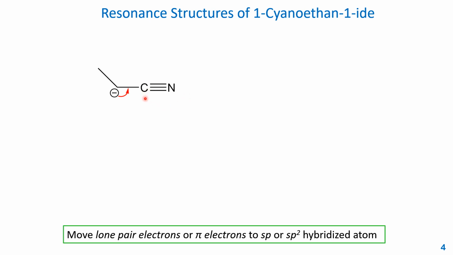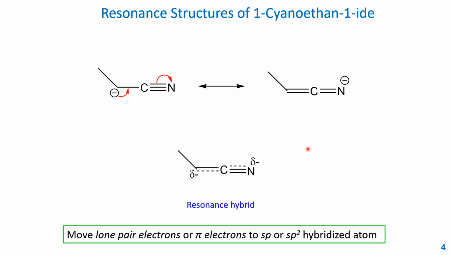It's very similar to the last example. Okay, so you can form this resonance structure. And if you draw the hybrid, this bond is between a double bond and a single bond, and this bond is between a double bond and a triple bond. So that's why this nitrogen will have a partial negative charge, and this carbon will have a partial negative charge after averaging. Okay, that's the real structure of this cyanoethanide.